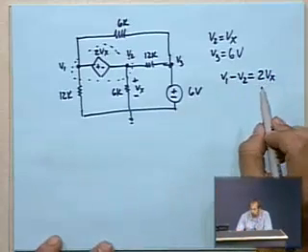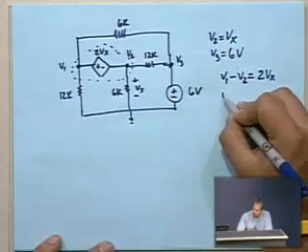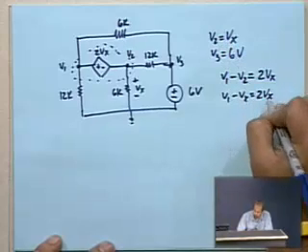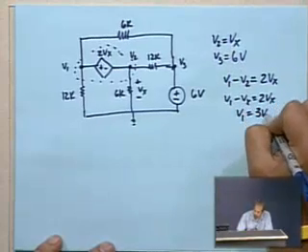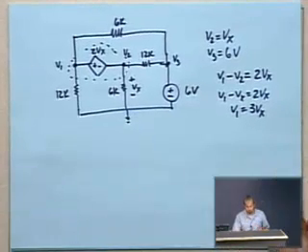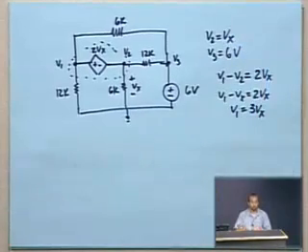And if we remember that V2 equals Vx, then we can say V1 minus Vx equals 2Vx, or V1 equals 3Vx. That'll be helpful to us later. That gives us another circuit parameter to work with. Again, because Vx is V2, it's a node voltage that we're already going to be solving for.